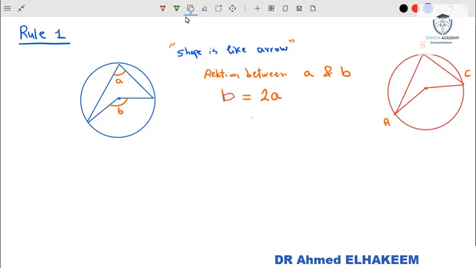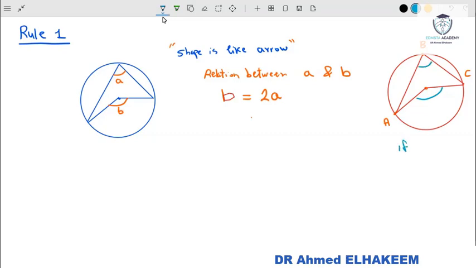Rule 1 says that the angle in the center is double the other angle. So this angle is double this angle.